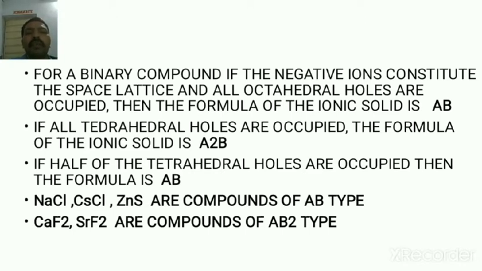If half of the tetrahedral holes are occupied, then the formula is AB. NaCl, rock salt, CsCl, ZnS are compounds of AB type. CaF2, SrF2 are compounds of AB2 type.